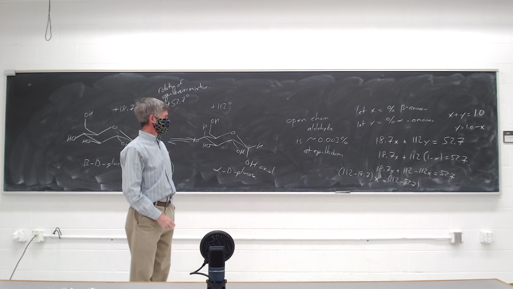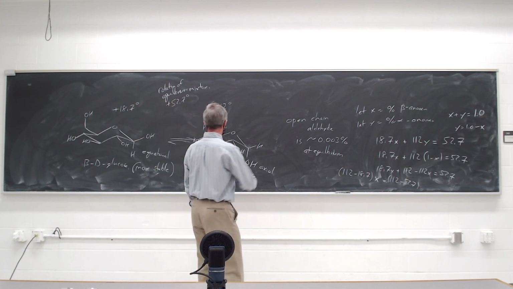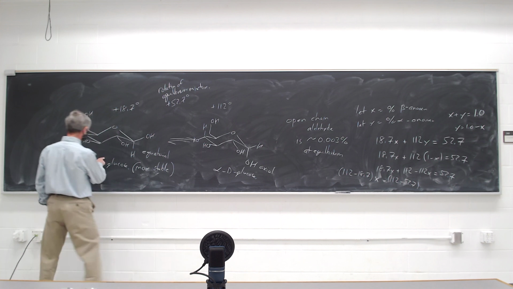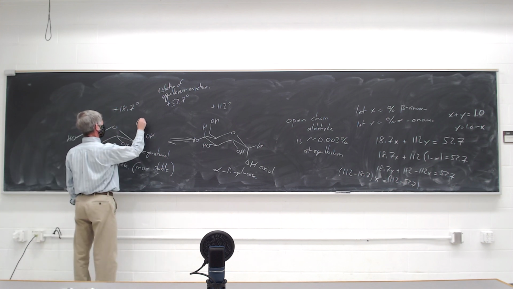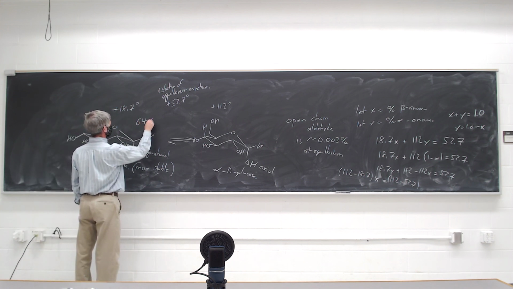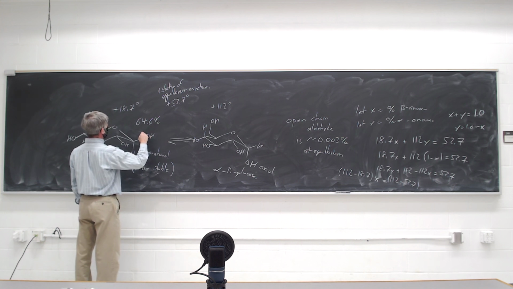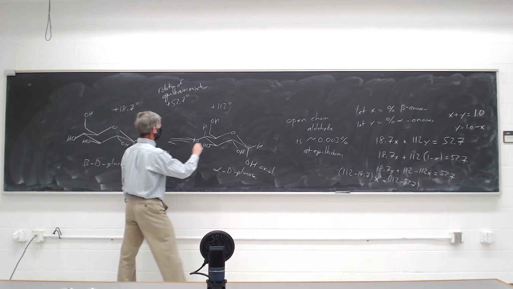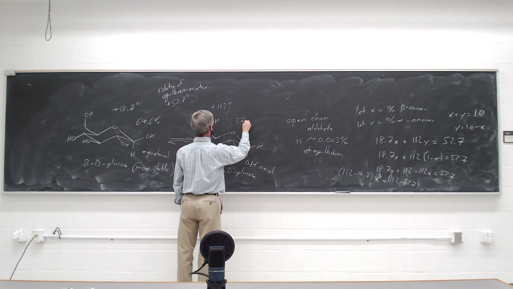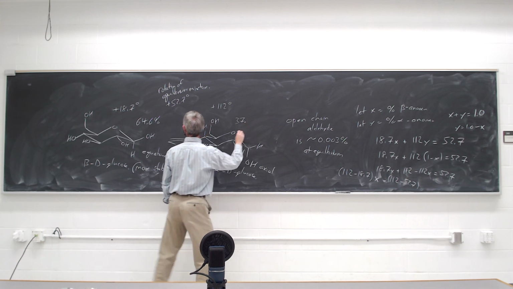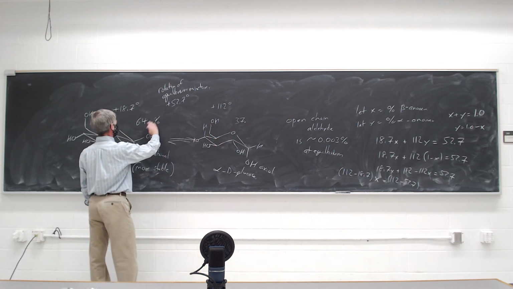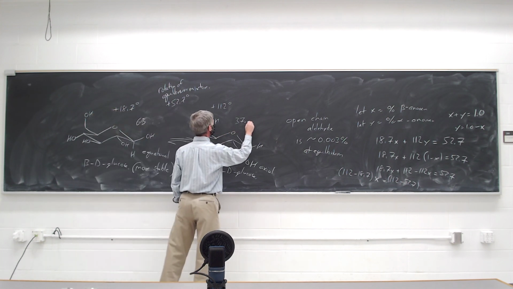Solve for x. And if you do that, you'll discover that the beta isomer, I think, is 64.6% maybe. Something like that. I can't remember exactly what the answer is. It's roughly 63 to 37-ish.